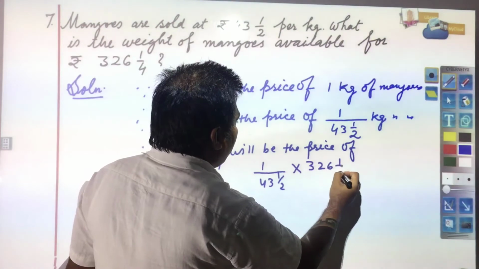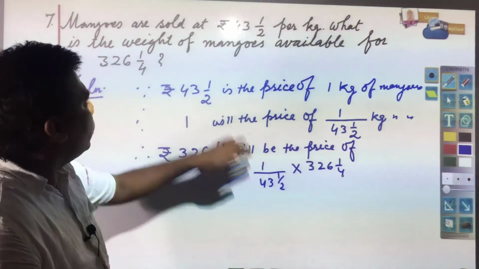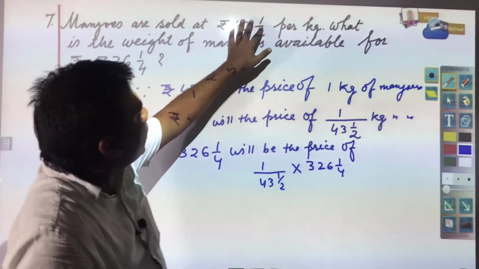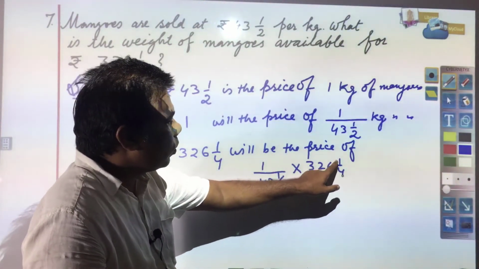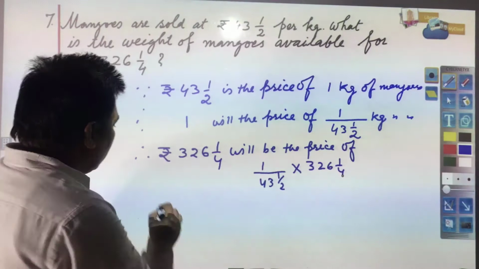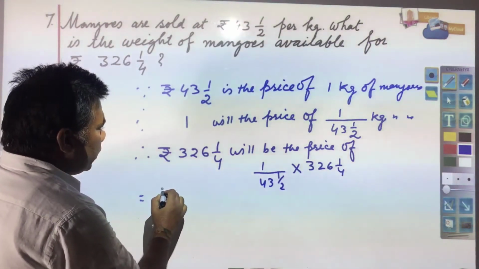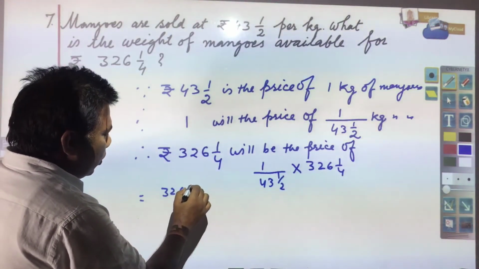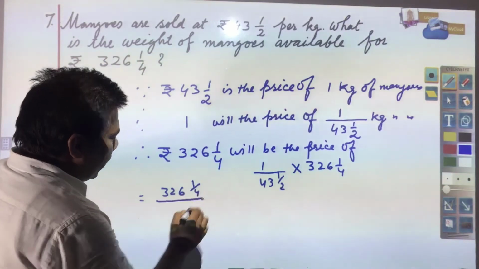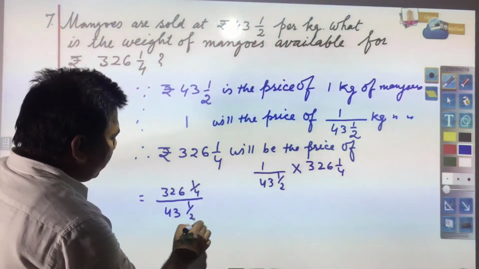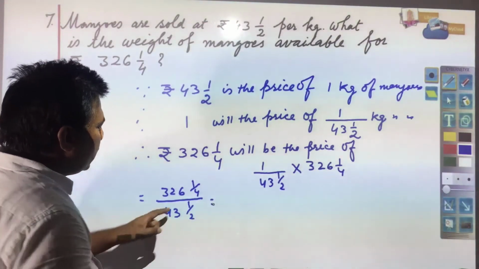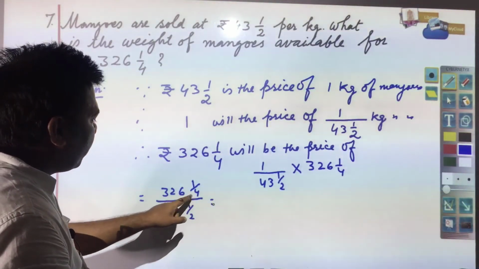326 whole 1/4. What I had told you, this number is required to be divided by this. In the same form it came: 326 whole 1/4 into 1 will be 326 whole 1/4 divided by 43 whole 1/2. Now you simplify this. This is required to be multiplied.